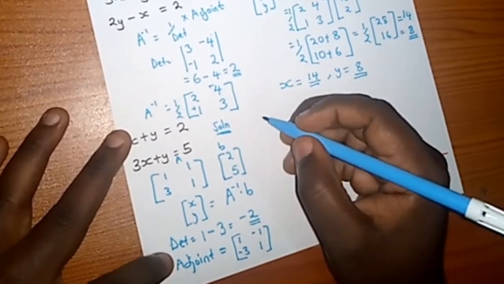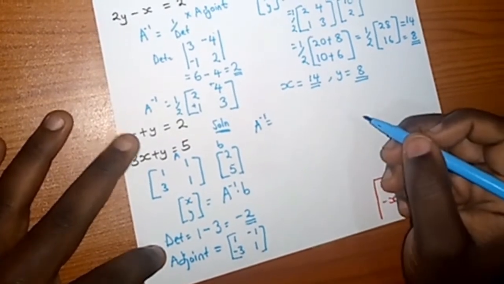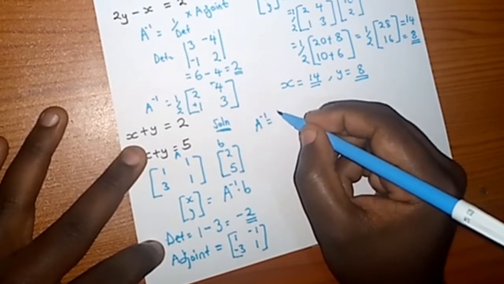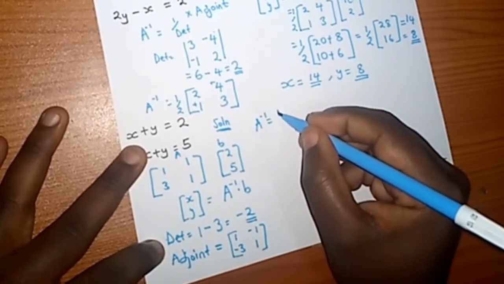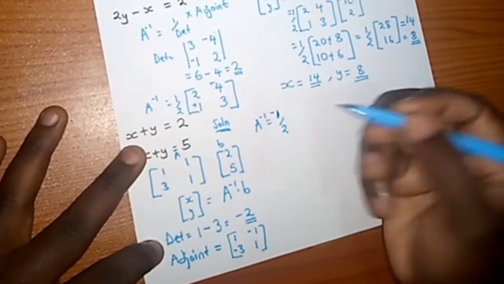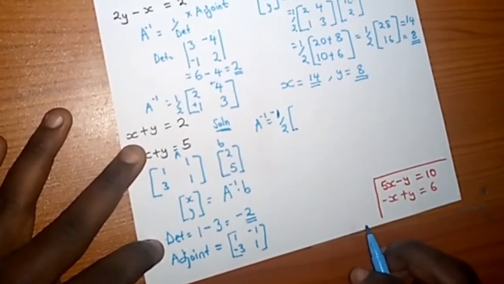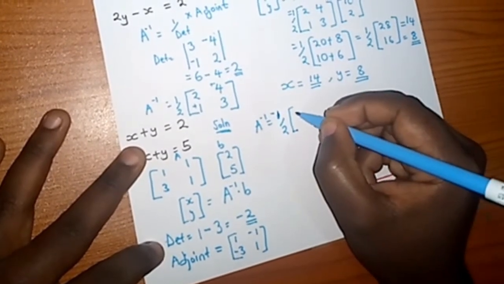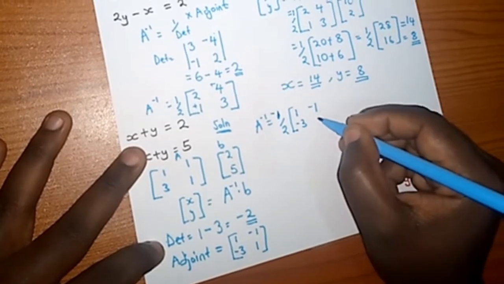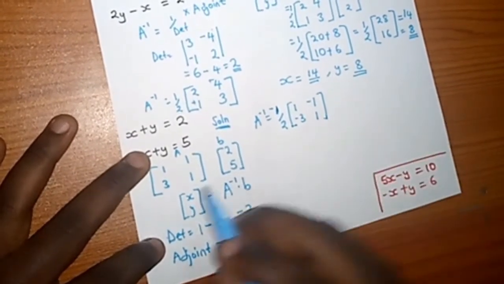So my A inverse becomes 1 out of 2, but this 2 is negative, so it's negative 1 out of 2, into the adjoint, which is 1, -1, -3, and 1. Yes, hope you're still together.